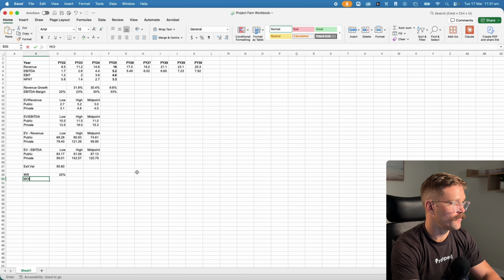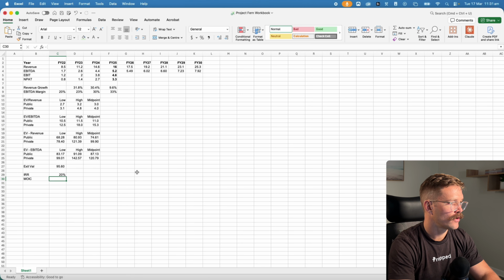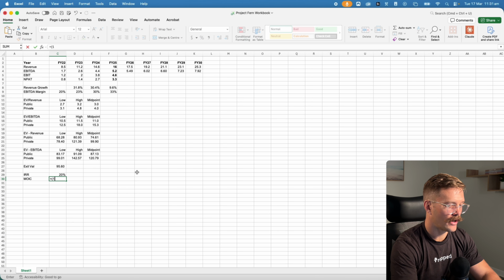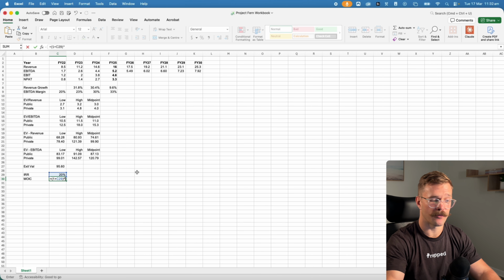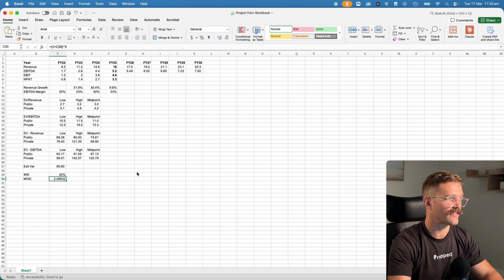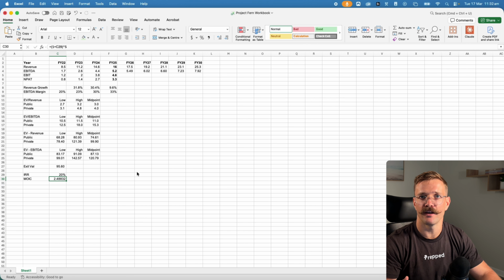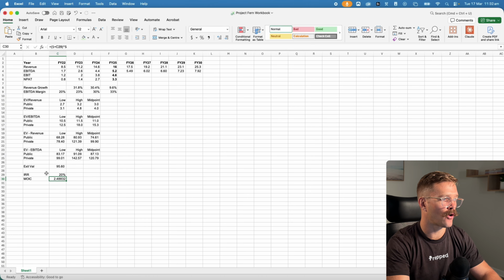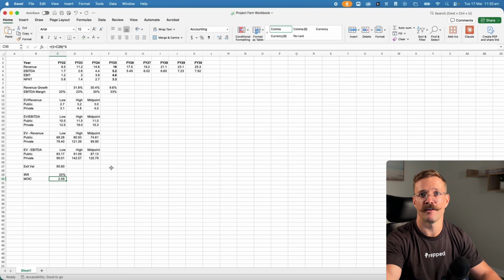Now to get the multiple on invested capital, we just have to go 1 plus that to the power of the holding period. So basically that's saying that we're compounding that expected return of 20% each year over those 5 years. And by compounding it, we get roughly 2.5x whatever we invest.